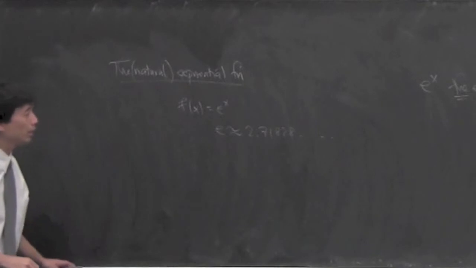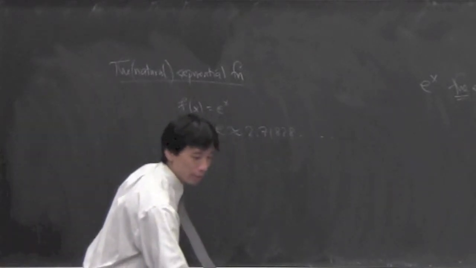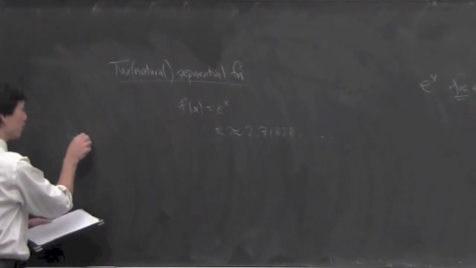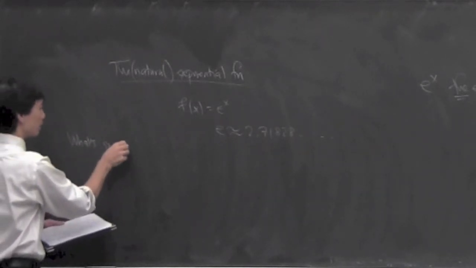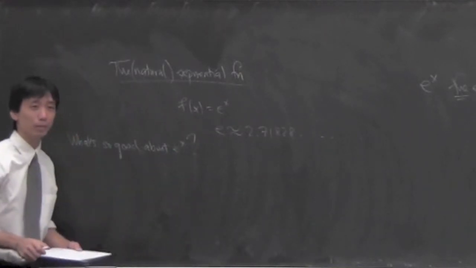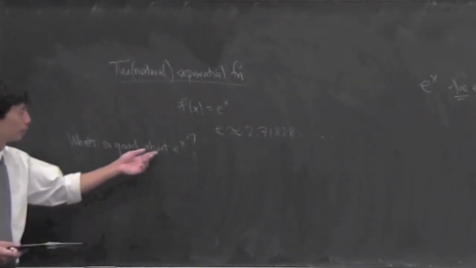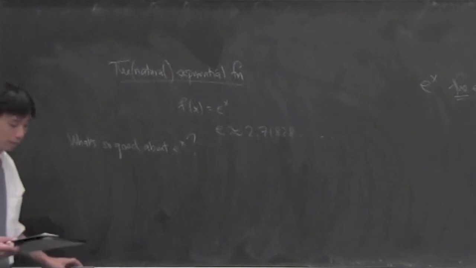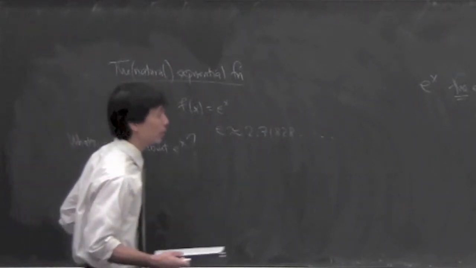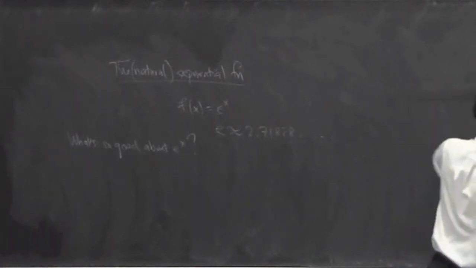You might be wondering, what's so good about it? What's so good about this number? When we take this thing as a base, is there anything special? Is there any sort of special phenomenon that occurs?